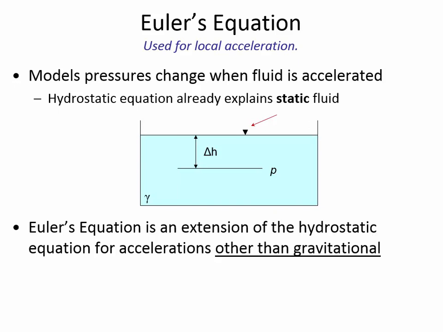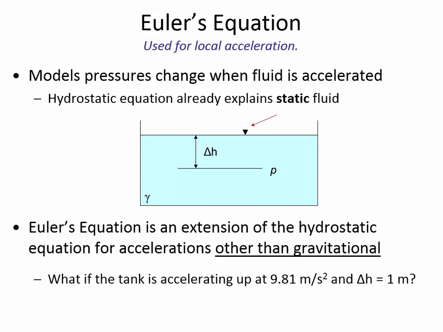It's the density times g. Because remember, the unit weight of a liquid is the density times gravitational acceleration. And so the hydrostatic equation does have an acceleration built in, but it's just assuming that only Earth's gravity applies, that that's the only acceleration. But what if there's some other acceleration beyond gravitational?